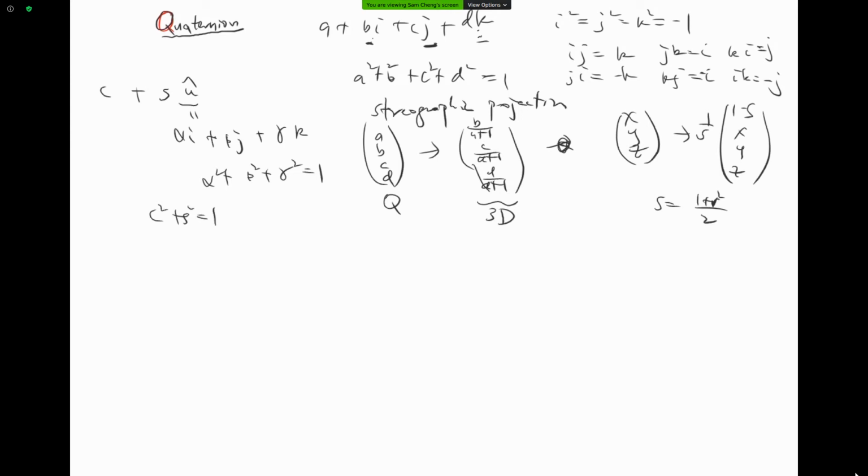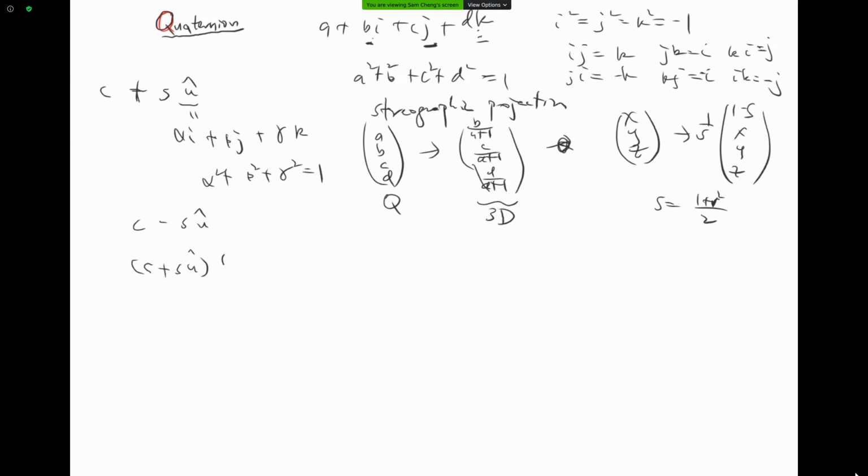Actually, it's very easy to verify that. I can verify it now. By the way, if I have a form like that, the inverse of this is equal to C minus SU, because if I have C plus SU multiplied by C minus SU, I have C times C here, and minus C times SU here, plus S times CU here.